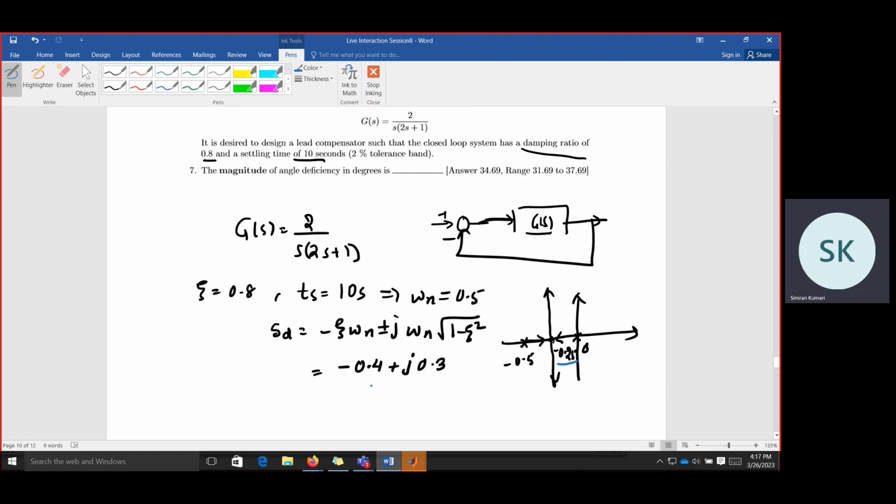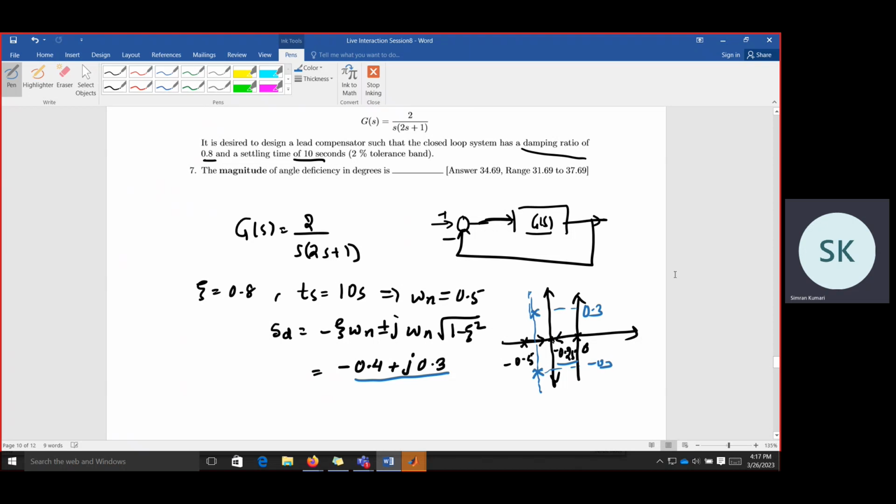And the desired roots are minus 0.4 plus minus j 0.3, approximately like this, so it should be lying at this point.